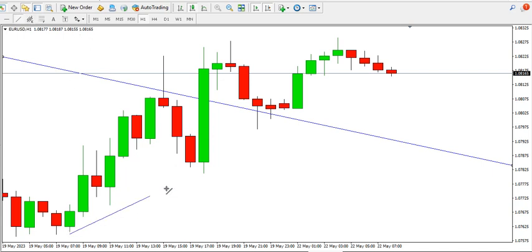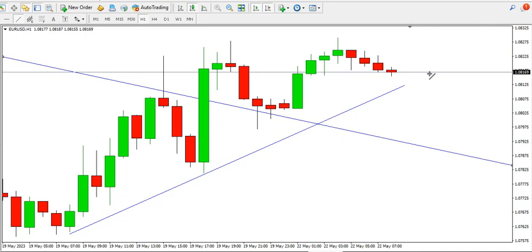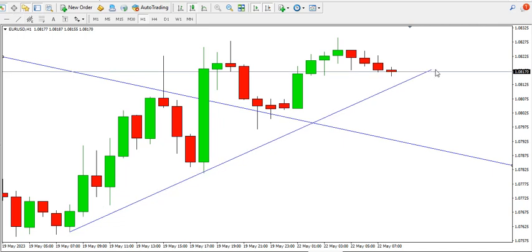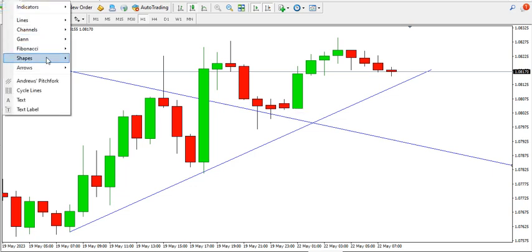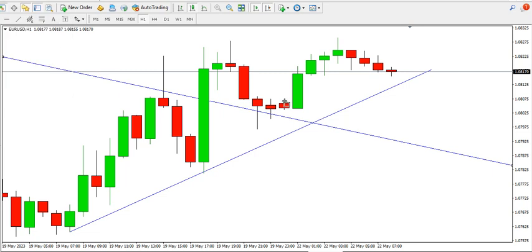Price is approaching the ascending trend line. If this ascending trend line refuses to give price some level of support, price might drop to this order block around it. We have this order block at this point, this support. So price might drop to this support.